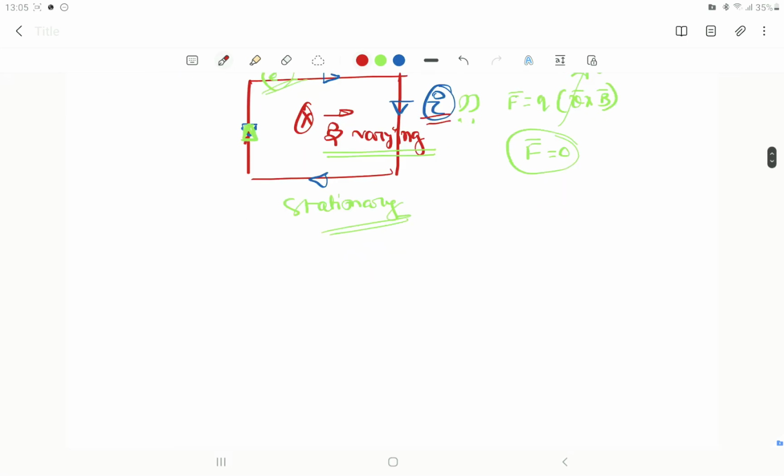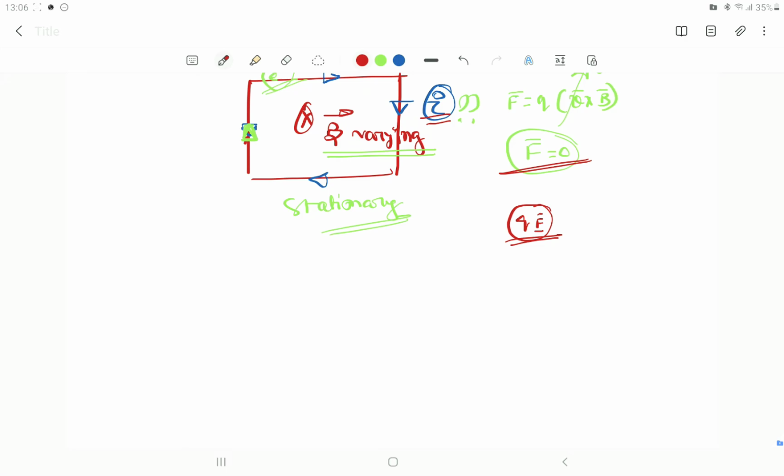If there is no QVB force, and as well no QE force, that is, no electric field, this leaves the only conclusion that the induced current is due to the appearance of an electric field in the wire, and this electric field is the only thing responsible for the induced EMF in a fixed loop.